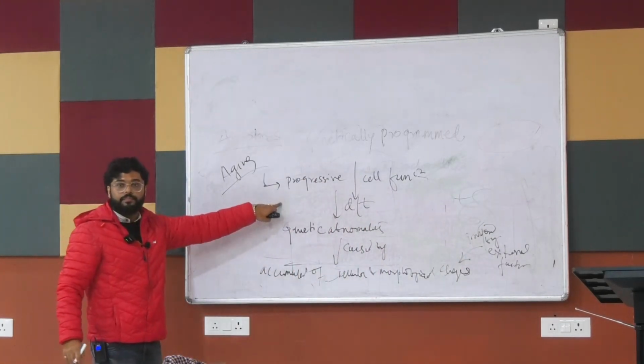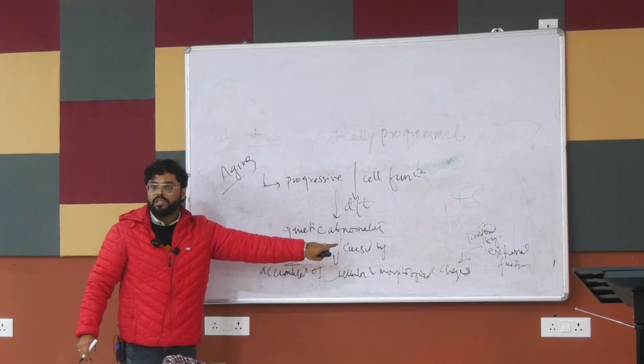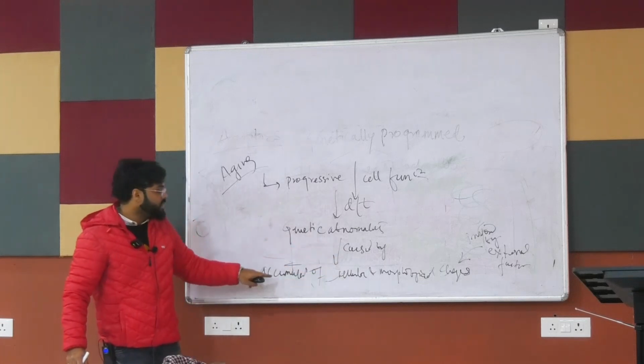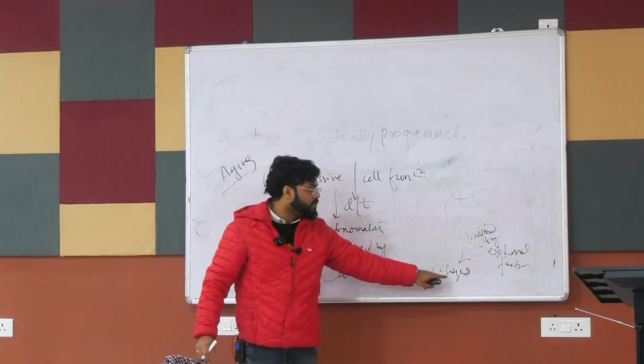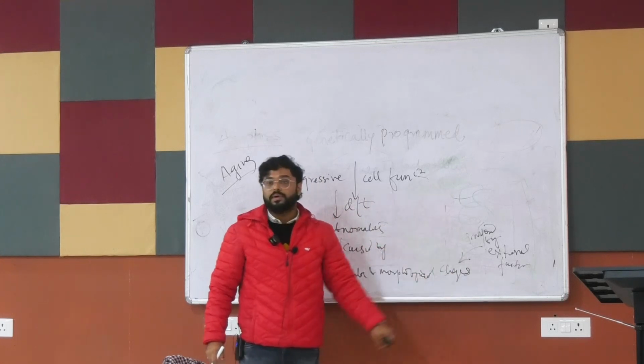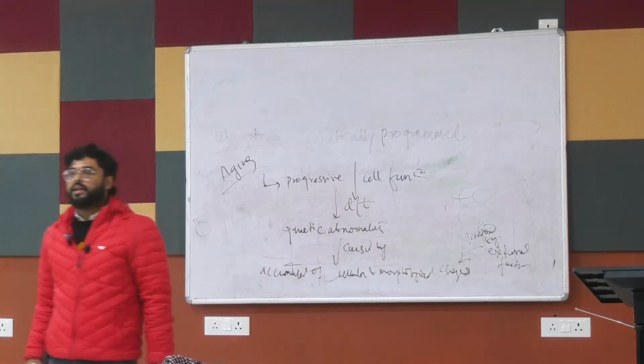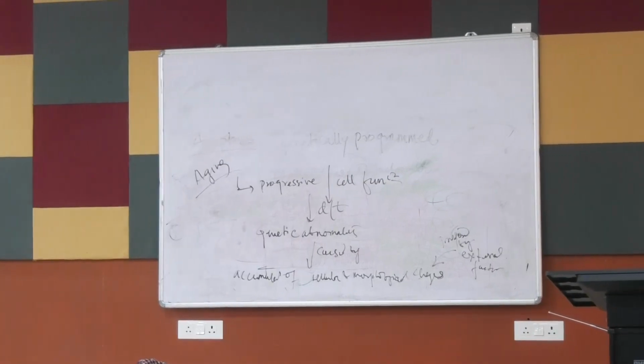Progressive decline of the cell due to accumulation of genetic abnormalities, which is caused by accumulation of cellular and morphological changes, which is influenced by external activities or external factors.